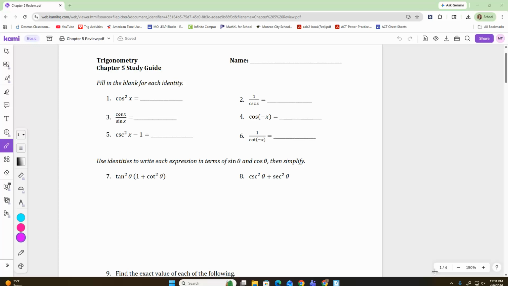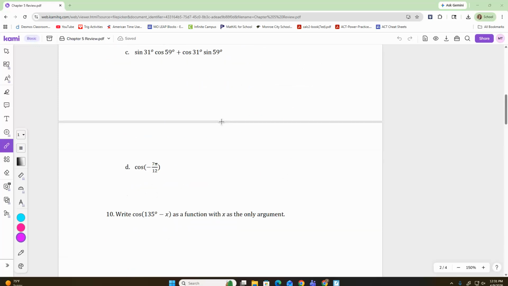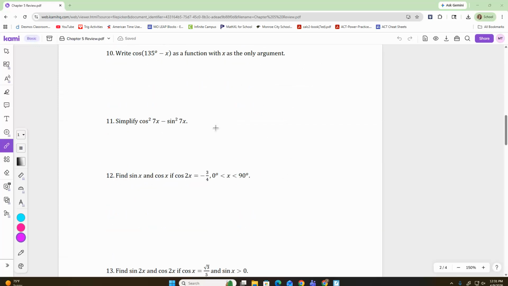All right. If we look at these, starting with question 10, and we can come back to any that we need to. This is telling us to write it as a function with only x as the argument. The argument is the thing in parentheses. Now, when you have a trig function, can you just distribute it in here?